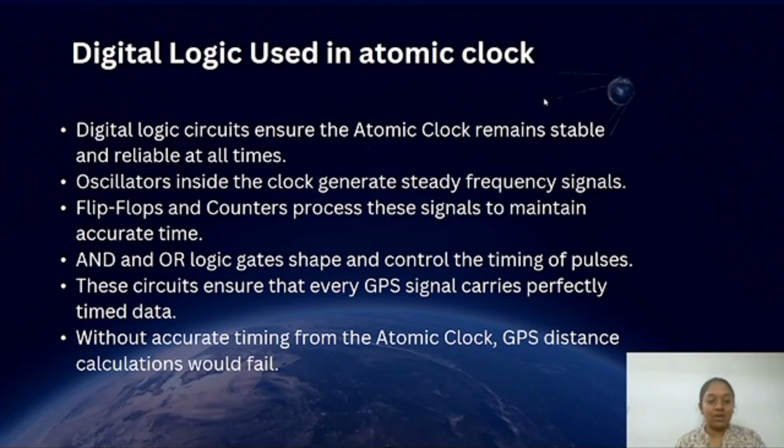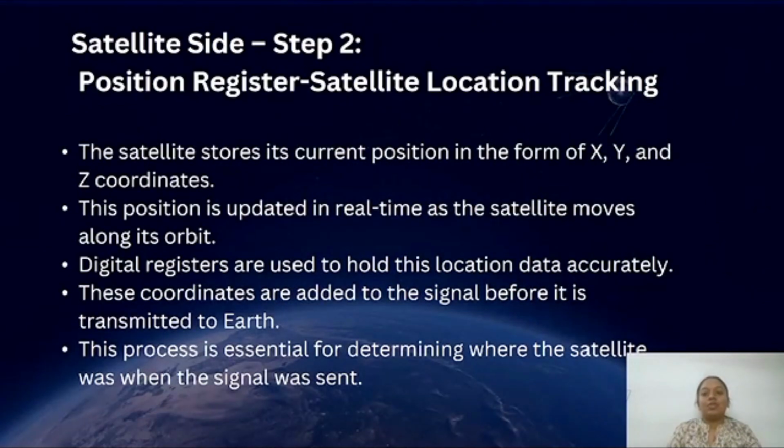So in simple words, the atomic clock generates the time and digital logic keeps that time stable and accurate. Without this precise timing, the GPS system would not be able to calculate distance at all. So step 2 is from the satellite side.